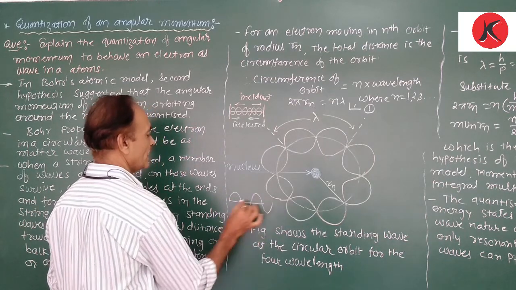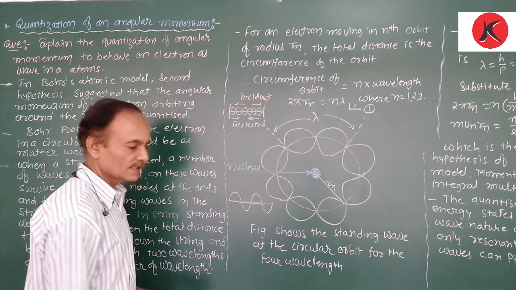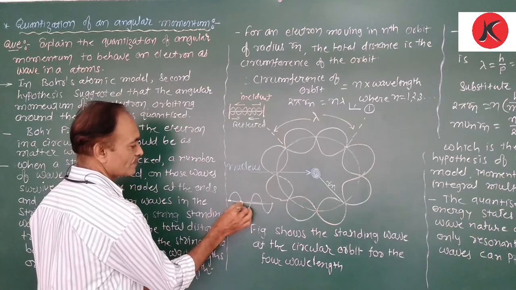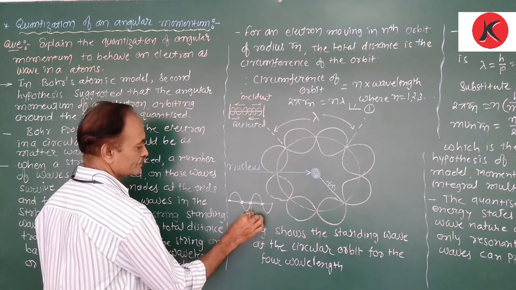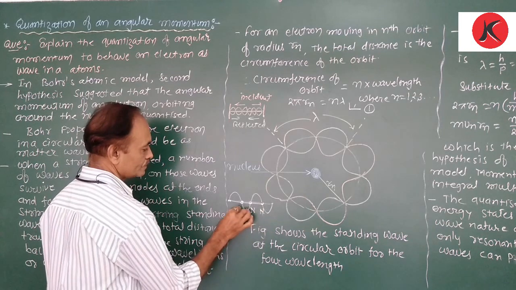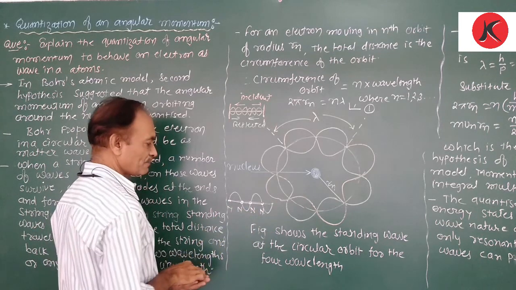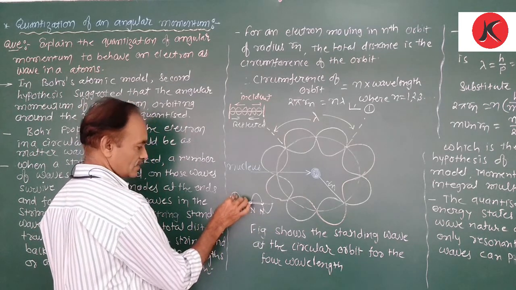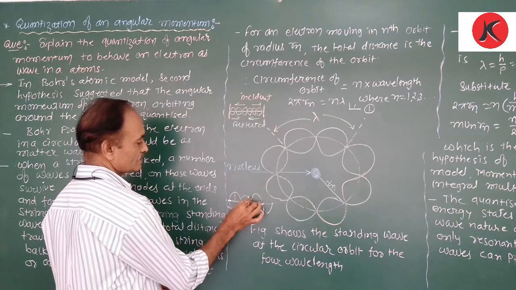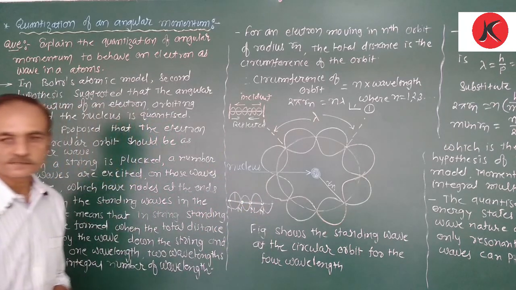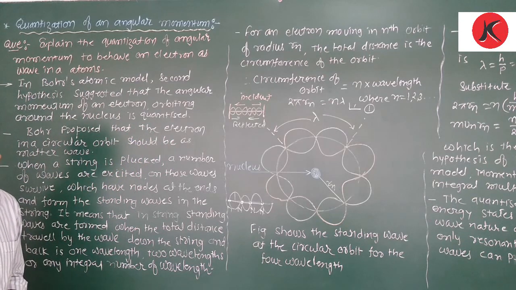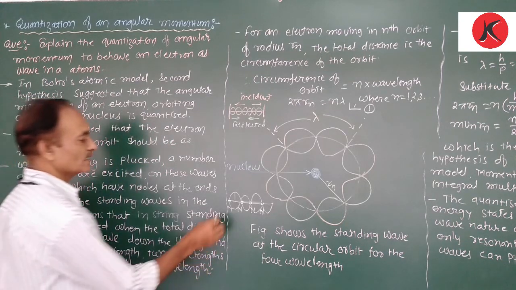These points are known as the nodes, and these points are known as the antinodes. So antinodes are these.